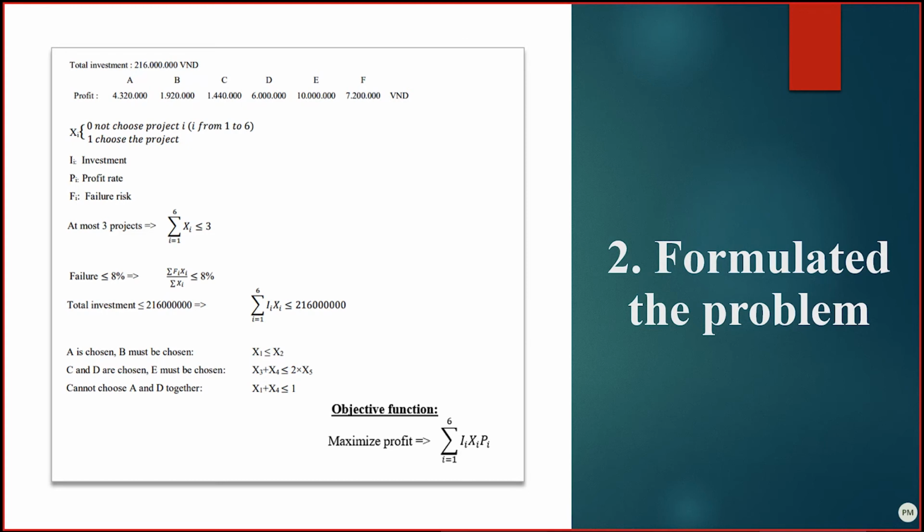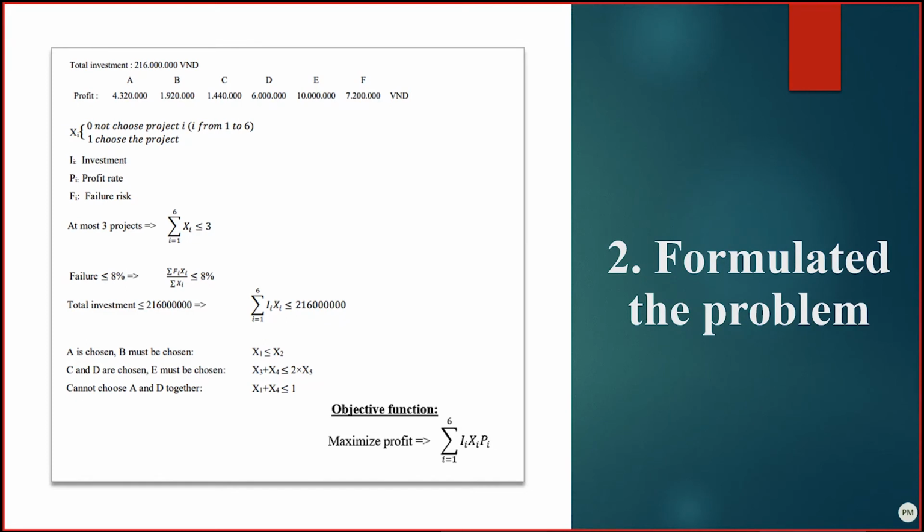The average risk value must be less than or equal to 8%, and the total investment must be less than 260 million. The formula is the sum of Ii multiplied by xi for i from 1 to 6, and it is less than or equal to 216 million.